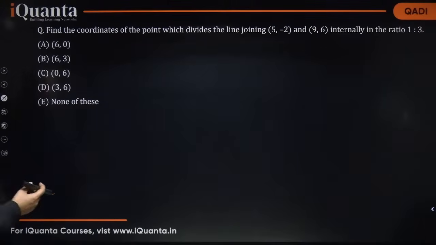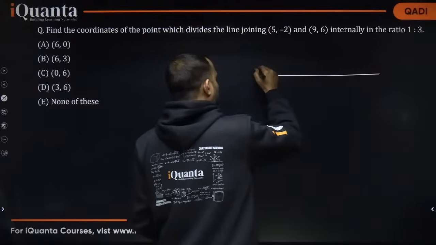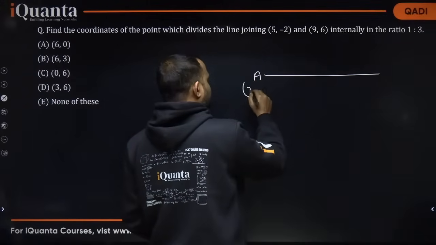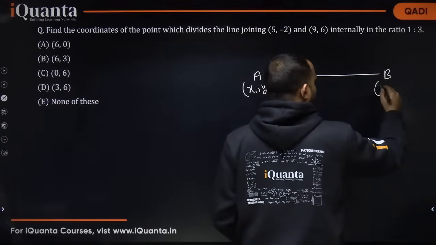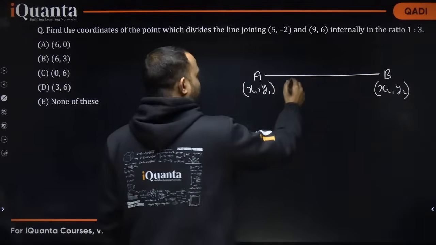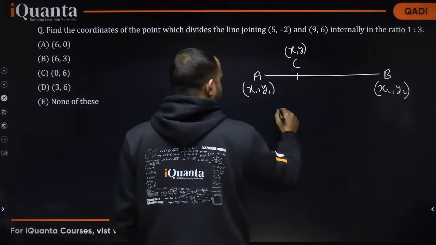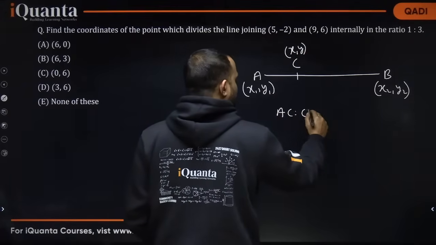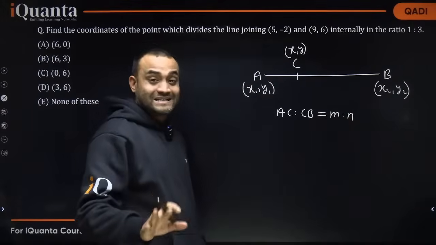This question is based on internal division. There is a point A with coordinates x1, y1, another point B with coordinates x2, y2, and a point C with coordinates x, y, and it's given that AC is to CB is equal to M is to N. Then this is known as internal division.